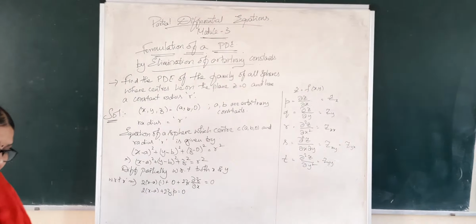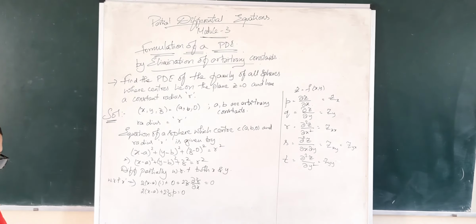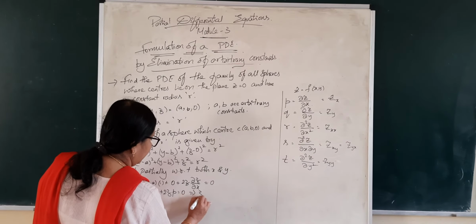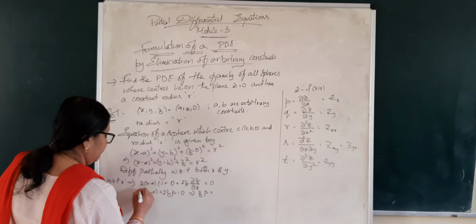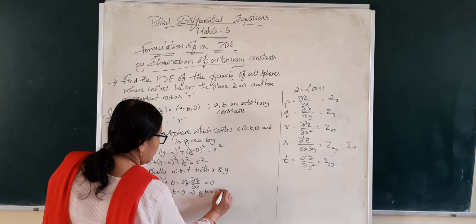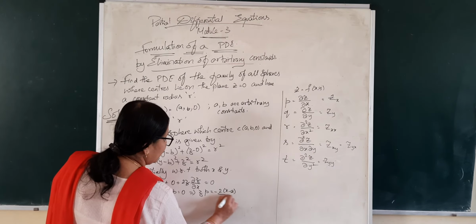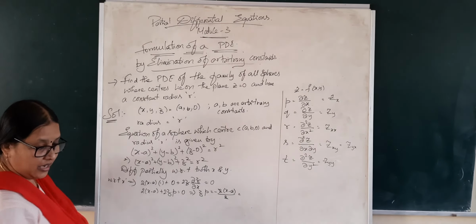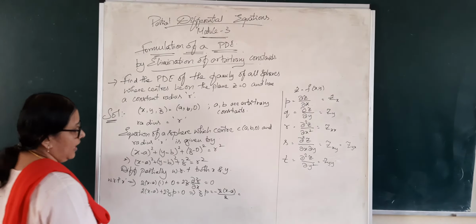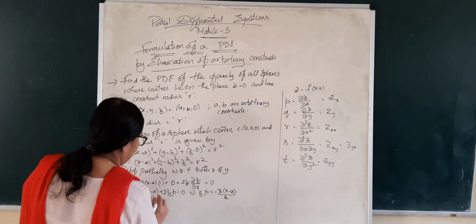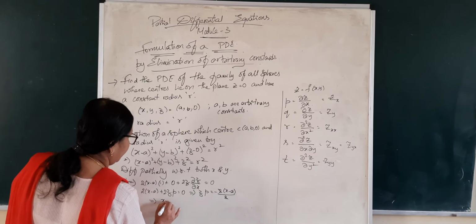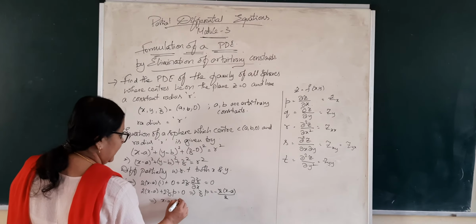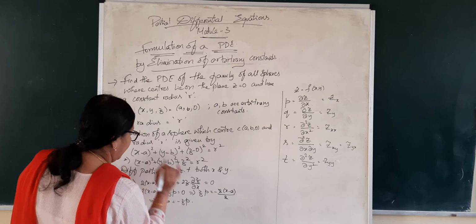We can simplify this and find zp. So zp is equal to minus 2 times (x minus a) divided by 2. 2 gets cut. So we get minus of (x minus a). Otherwise, z into (x minus a) can be taken as, because we can substitute here directly, so we can take it as minus zp.